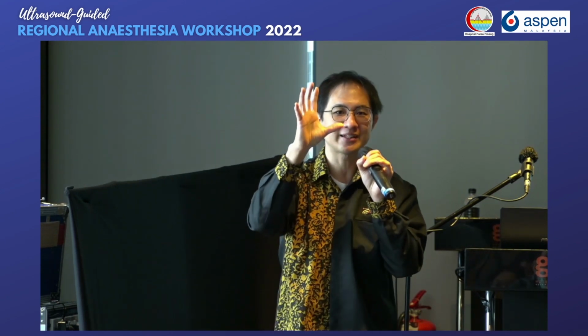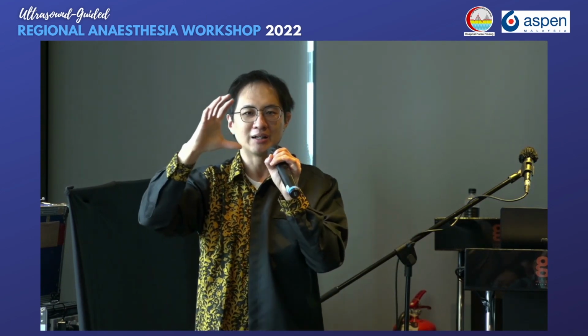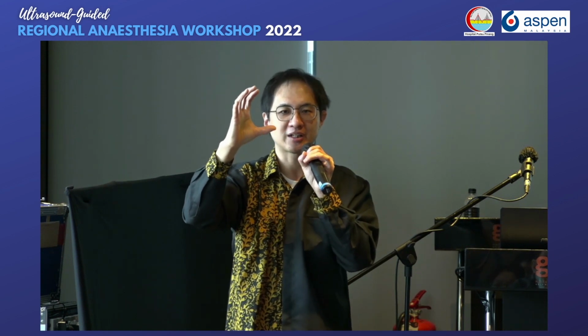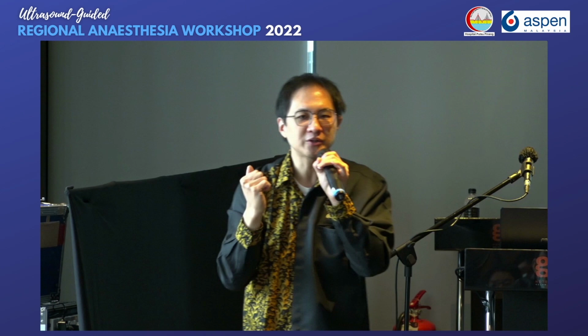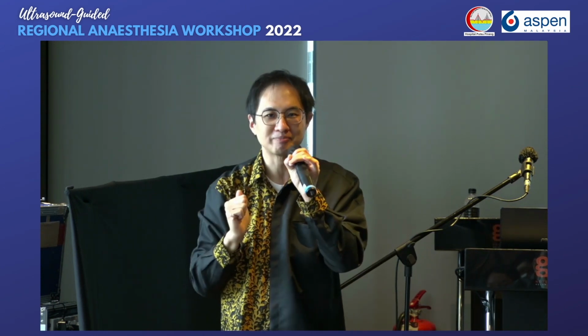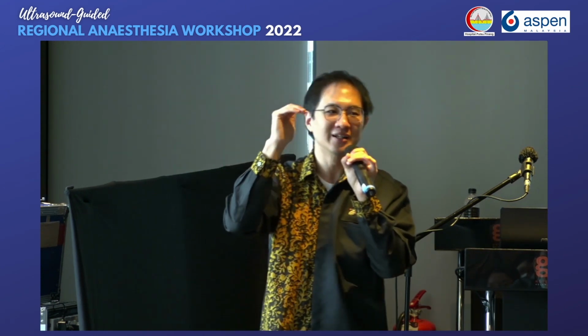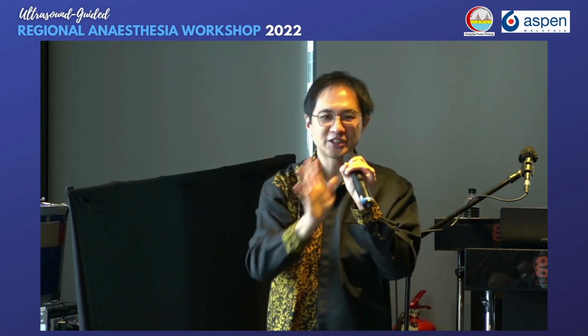So the popliteal sciatic nerve is one of the classical examples of a nerve surrounded by thick connective tissue. So when we do a nerve block, where do we want to target? Our target is the epineurium. You want to place your LA below the epineural sheath.